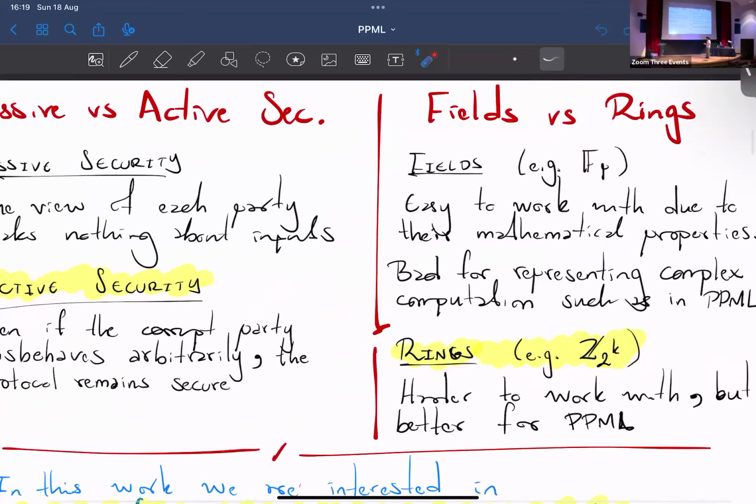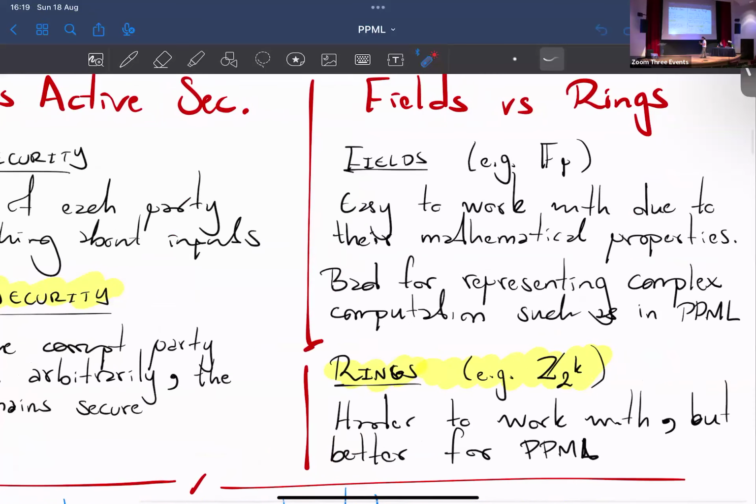And it's also common to distinguish between two types of structures. So most commonly we use fields, finite fields. They are very nice. They have very good algebraic structure, very good mathematical properties, but they're not that good for representing complex computations, such as the ones that appear frequently here, like ReLUs, or let's say, comparisons more generally, hyperbolic tangents, approximations, binary computations.